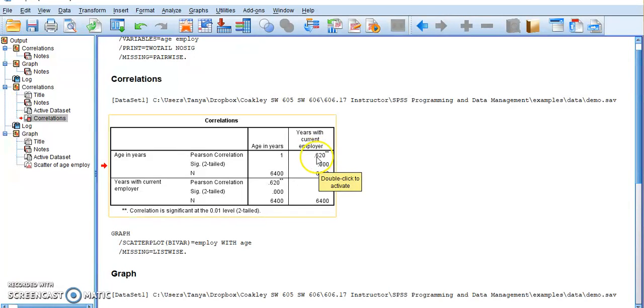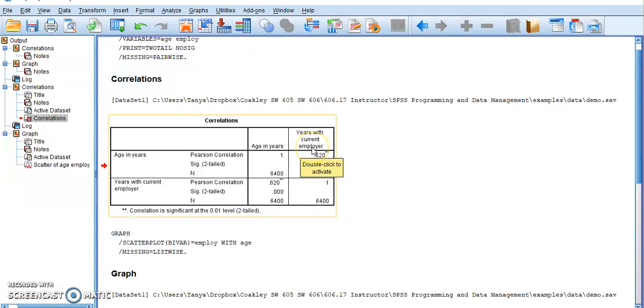This one is not a strong relationship, but it's somewhere in the middle, and it's not weak. What we would call a strong relationship would be a 0.7, 0.8, 0.9, or a whole number 1, or a negative 0.7, negative 0.8, negative 0.9, or negative 1.